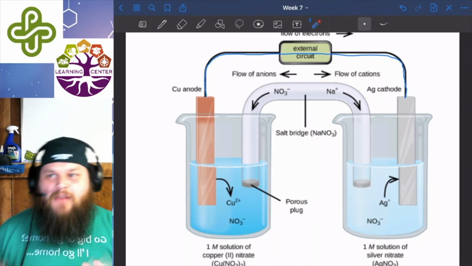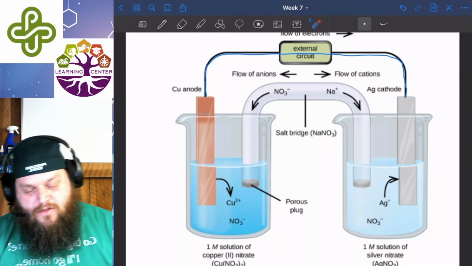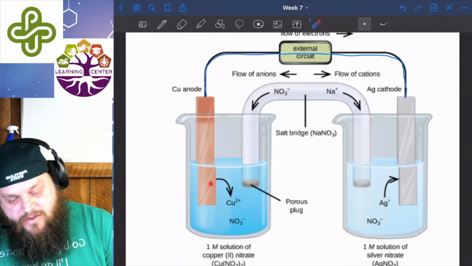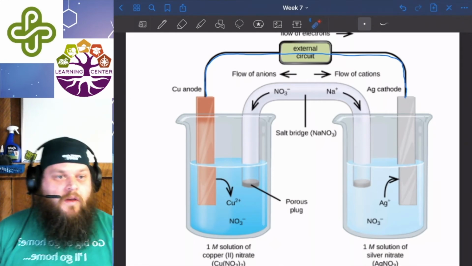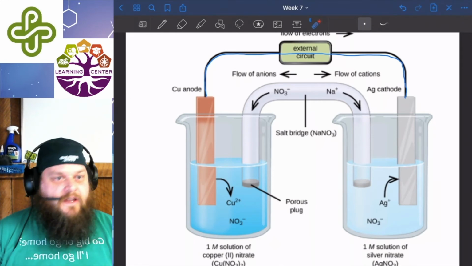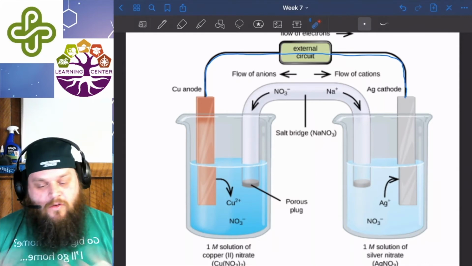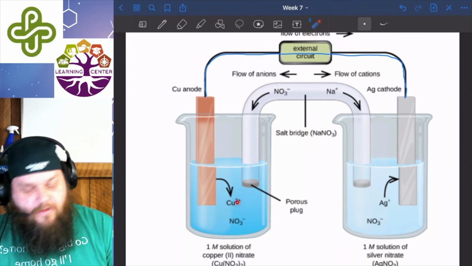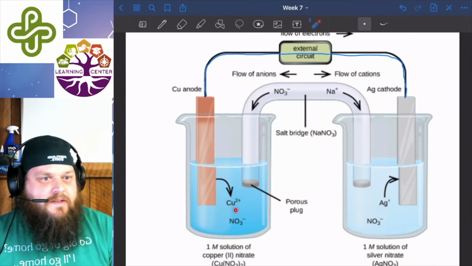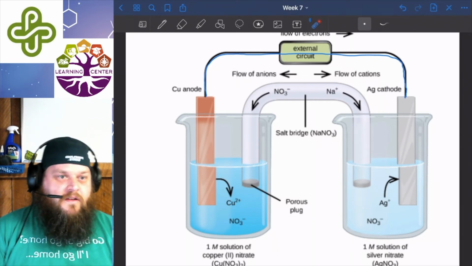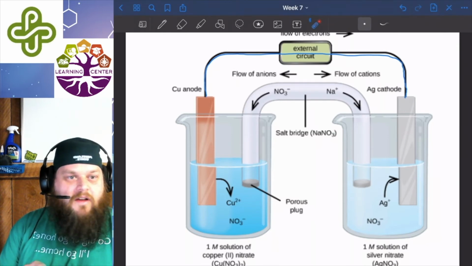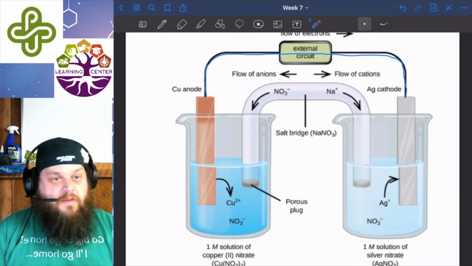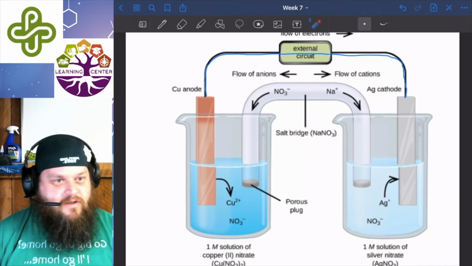So as this reaction starts to happen, just like we talked about previously, the solid copper is going to go through an oxidation reaction, right? Because it's going to lose some of its electrons, and once it loses its electrons, it becomes copper 2+. That copper 2+ is going to become aqueous. It goes from a solid, because solid copper is not soluble in water, but copper 2+ is because of that charge.